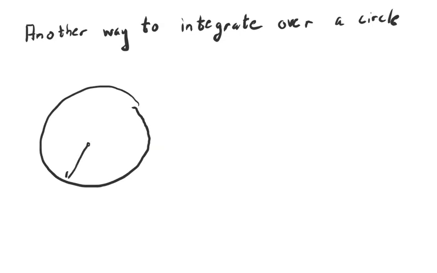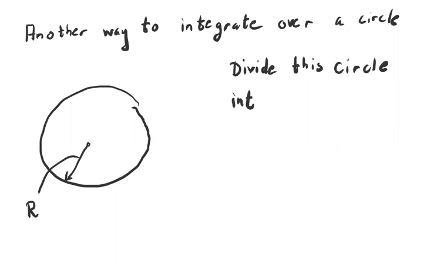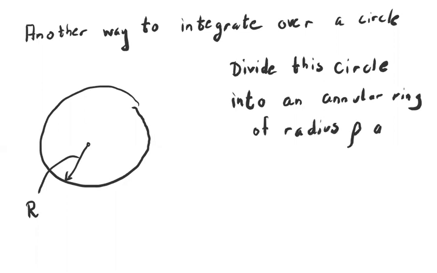Let's say the circle has a radius of r. And what I'm going to do is divide this circle into annular rings, well, let's just say we'll do this one at a time, into an annular ring, so one of them, of radius rho and width d rho.